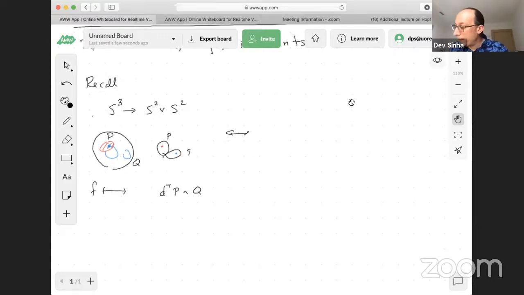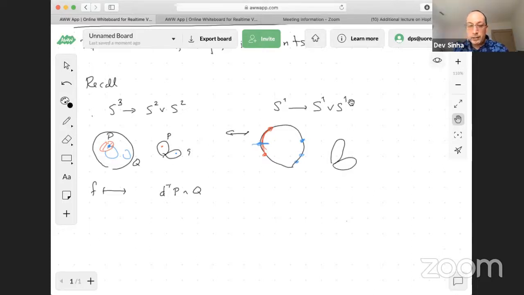Namely, if I have a map from S1, and this is a big difference, the dimension is the same, to a wedge of two one-spheres, then I can also take the preimages of P and Q, and I'll still use red points and blue points, and cobound the red and intersect with the blue, and I get some numbers still, but it makes sense, assuming the red can be cobounded.